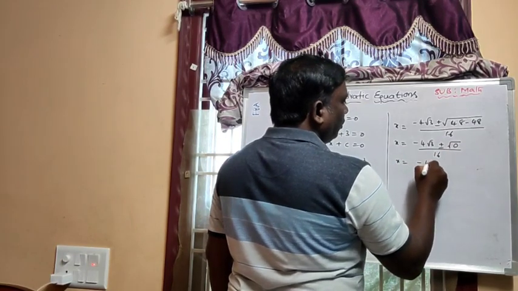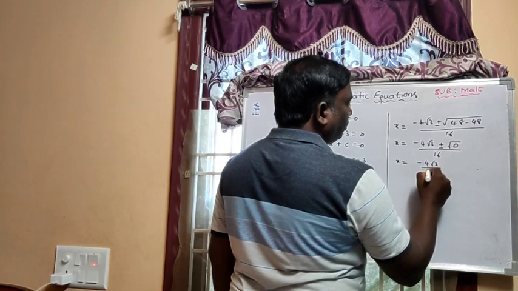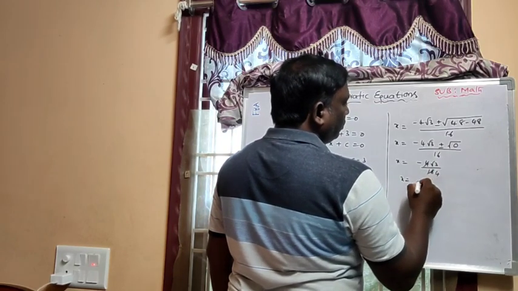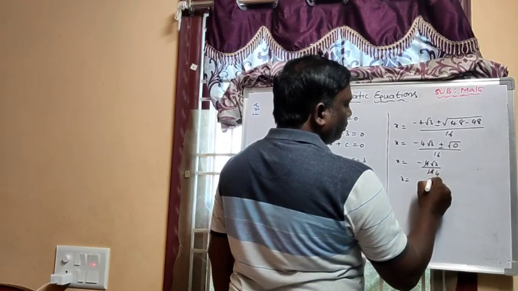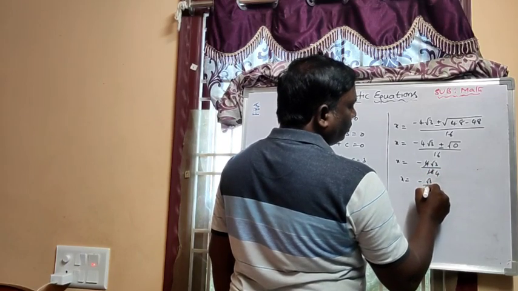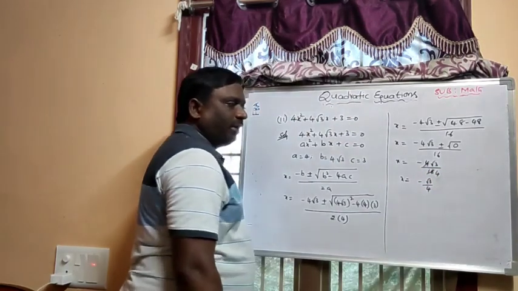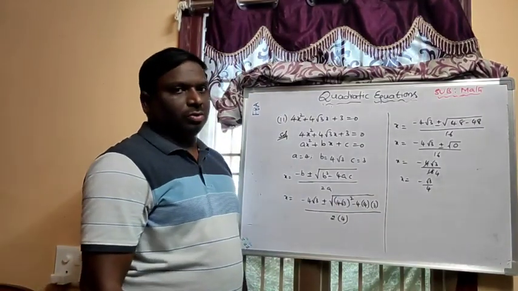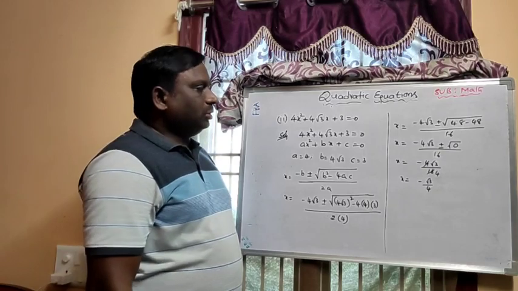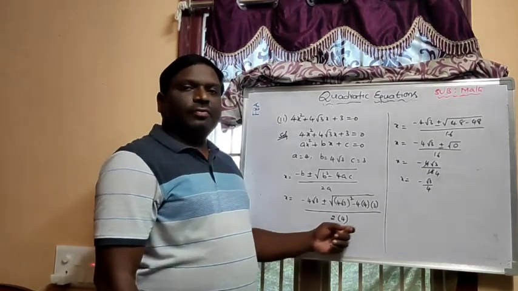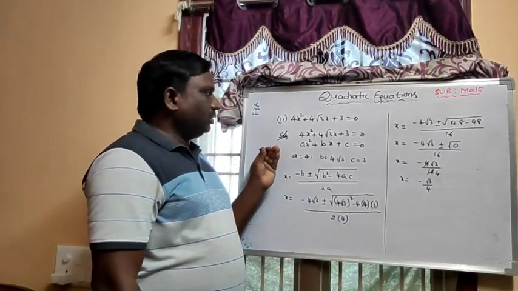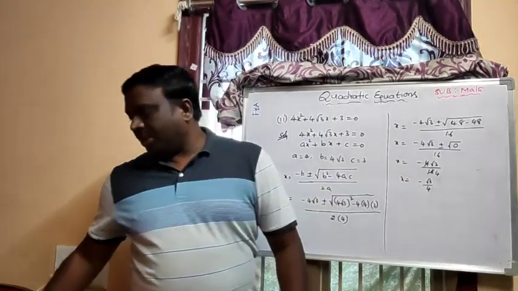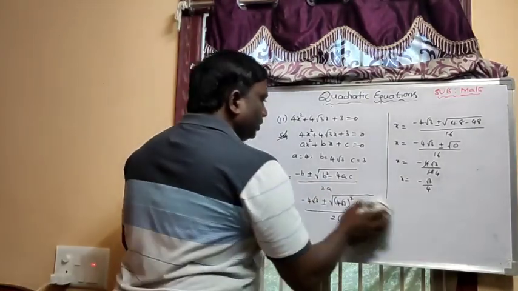X equal to minus 4 root 3 by 16, so x equal to minus root 3 by 4. This is the one root. So in this way we can find the solutions of a quadratic equation by using the formula method or completing square method.